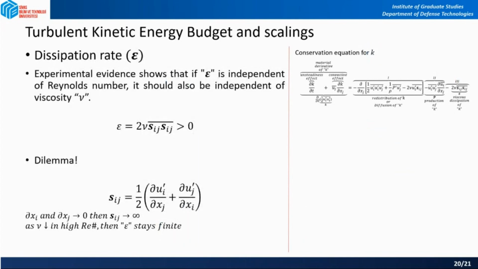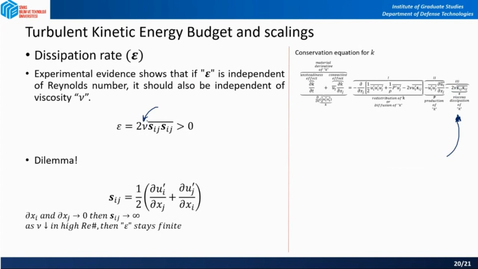Actually, experimental evidence shows that if epsilon is independent of Reynolds number, it should also be independent of viscosity. But this mathematical equation, this is mathematics, it dictates that it's not independent of viscosity. The viscosity is there. Actually, the viscosity is in the very definition of dissipation. You know the definition of dissipation.